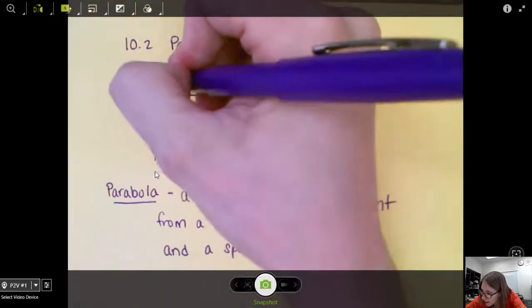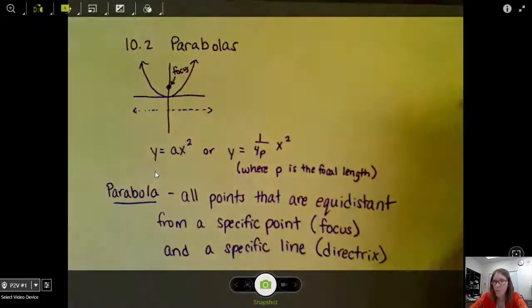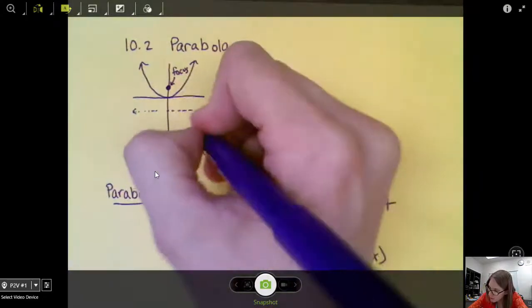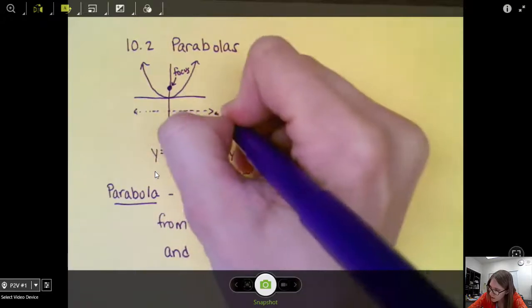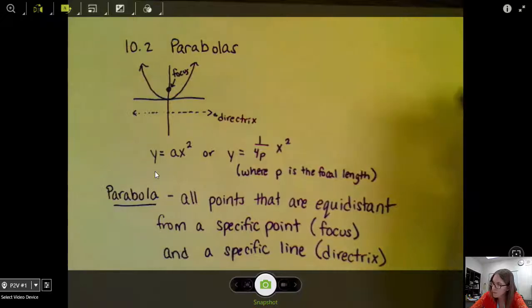So a couple things here. Here's my focus. This line is our directrix.